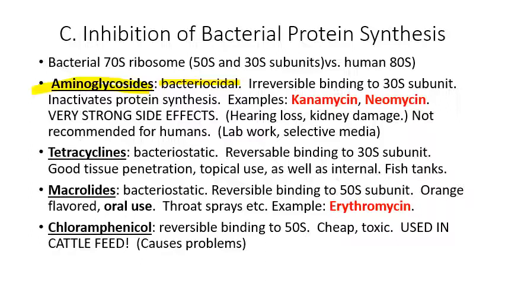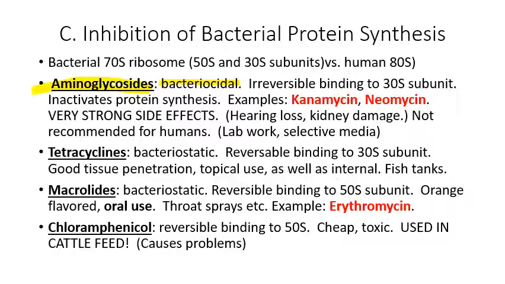You notice that underneath we have the tetracycline family and the macrolide family. They are both reversible, and so they're simply bacteriostatic. Right? Okay, so in other words, when they wear off, the bacteria can come back and start dividing again. So typically the use of tetracyclines and macrolides is limited.